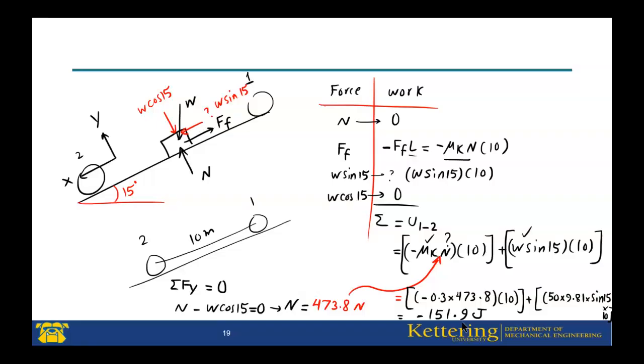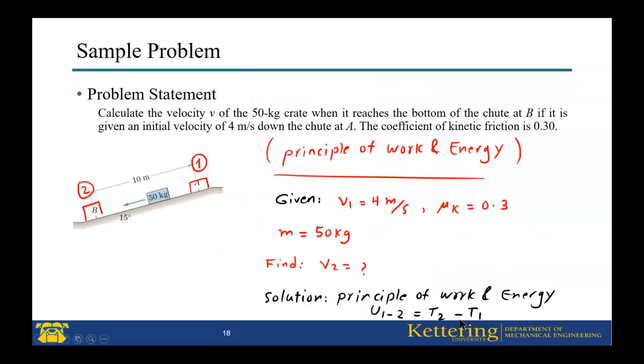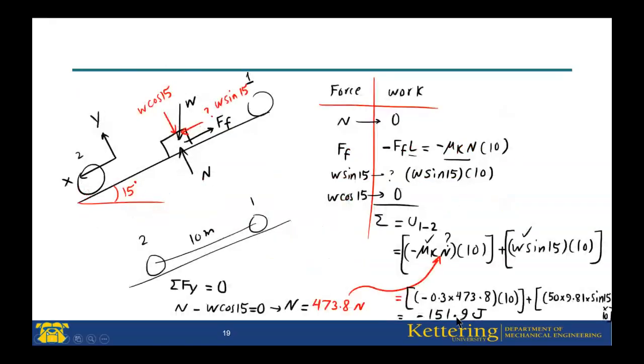Now, if I return back to this equation, let me go to the next slide. Can I move to the next slide? Yes. Okay. Now, the summation of the work that is done by all external forces equals 1 over 2 m v2 squared minus 1 over 2 m v1 squared.